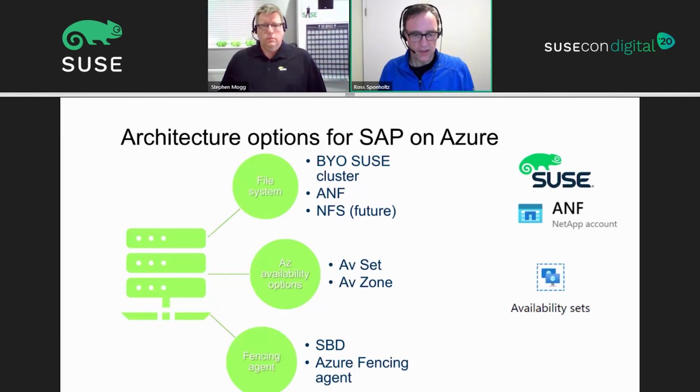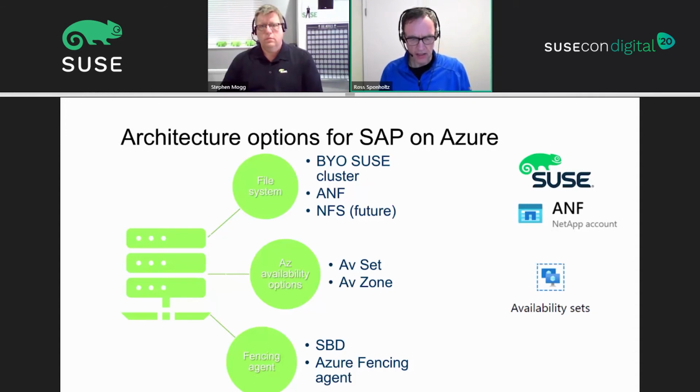And then finally, with the fencing agent, we now have two choices. The SBD, which is basically based on shared iSCSI devices that the nodes communicate through, or we now have what's called the Azure fencing agent, which is a capability where one node can shut down the other node using the Azure API.